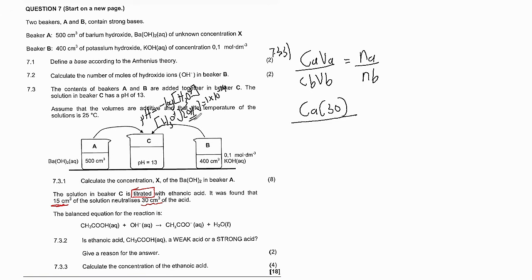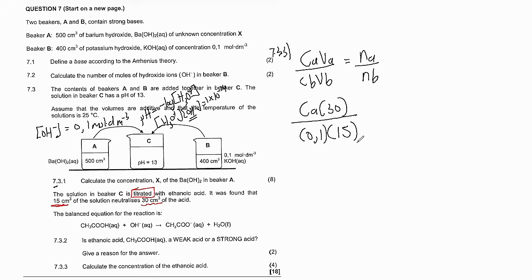We did end up calculating the concentration of the OH- ions, right? So we found that the concentration of the OH- ions was 0.1 mol per dm³. If you rewind back to the beginning of this question 7.3.1, you will see that we already calculated the concentration there. So this is the same concentration we'll be using here. So 0.1. Now the volume of the base that neutralizes the acid is only 15. So we put 15 here.